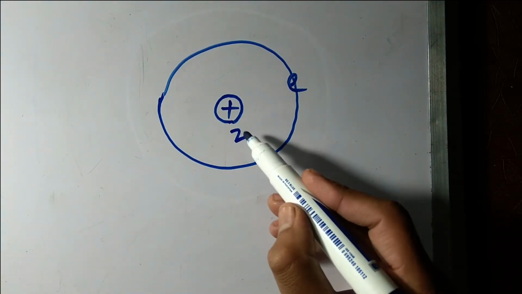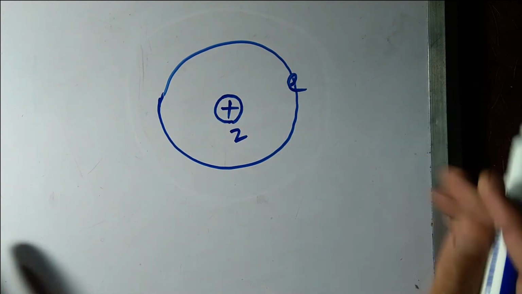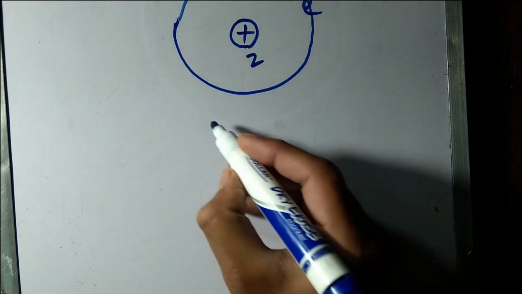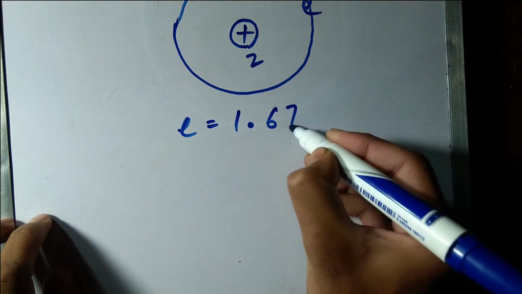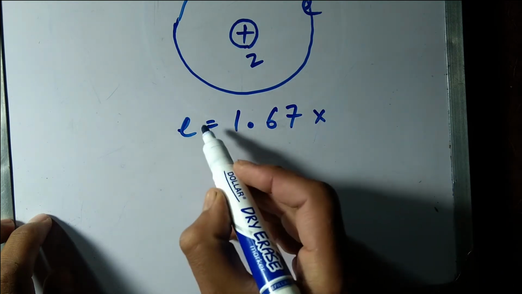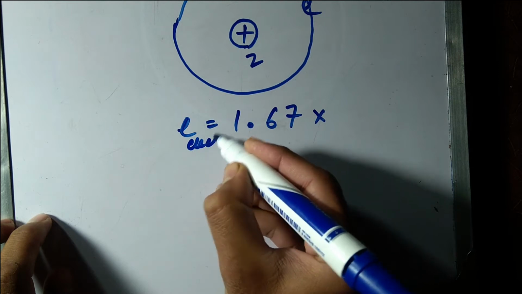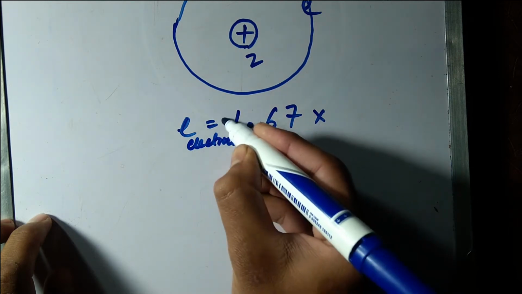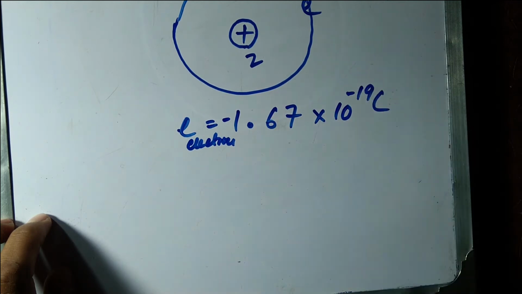This Z is the number of protons, and this is the electron, and the charge on the electron is e, equal to minus 1.6 multiplied by 10 raised to the power minus 19 coulomb.